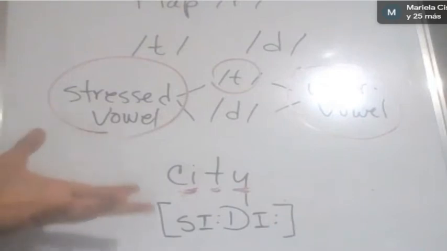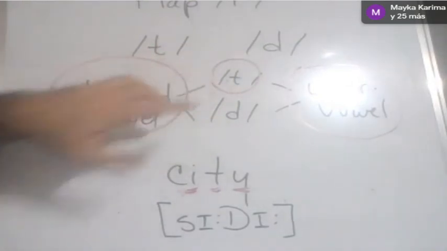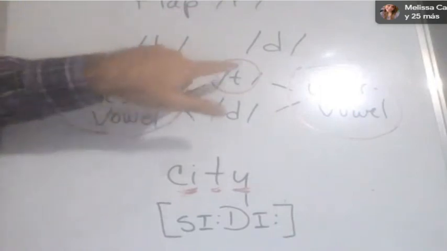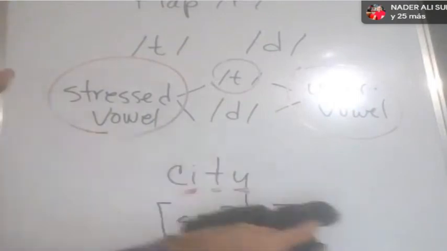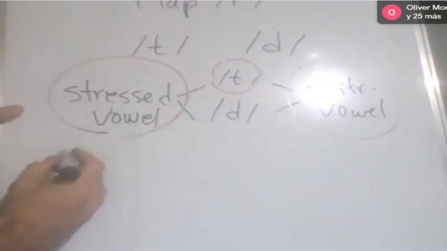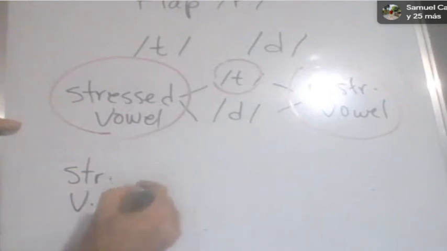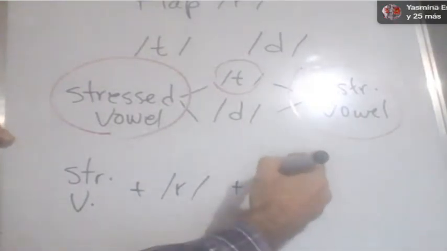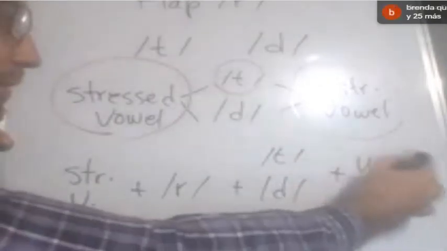In this case, the liquid R, because in American English, even though the rule says that it has to be stressed vowel plus t and d plus unstressed vowel, American English has this flexibility in the environment, and they say that it could also be stressed vowel, okay, plus R plus t or d plus unstressed vowel.